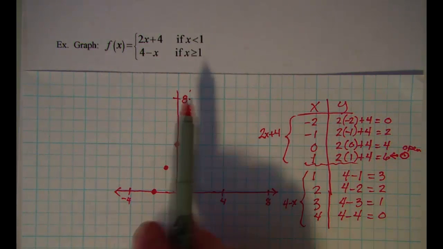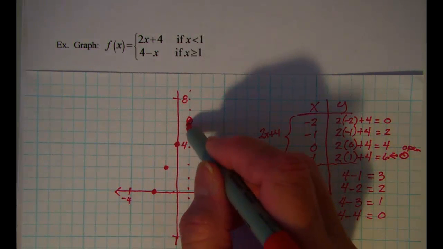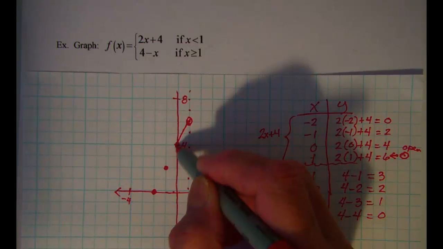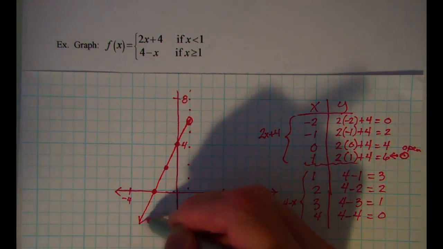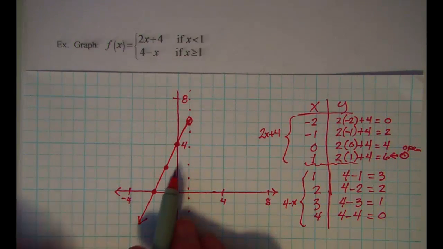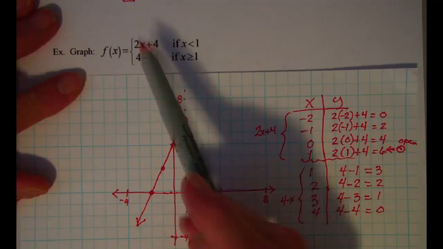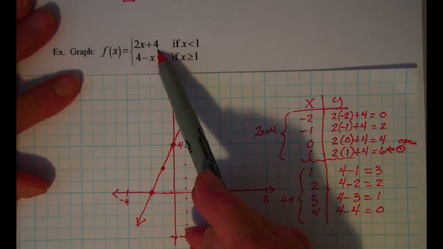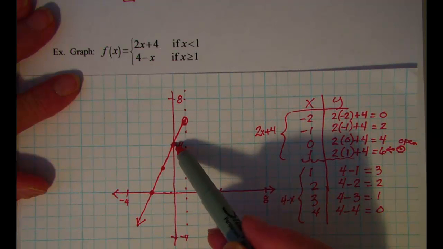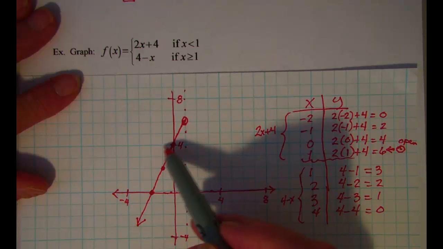So to the left of x equal 1, you can see that I have a linear function. Now you can ask yourself if this makes sense. On this y equal mx plus b, my y-intercept is 4, and my slope is 2, which is up 2, right 1.